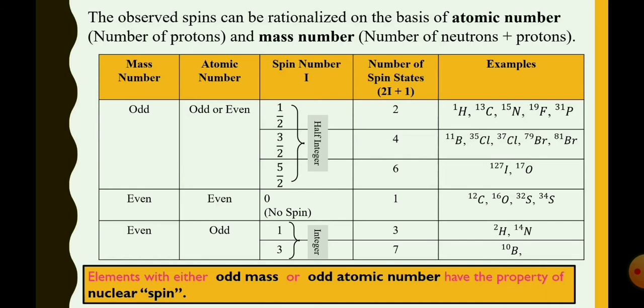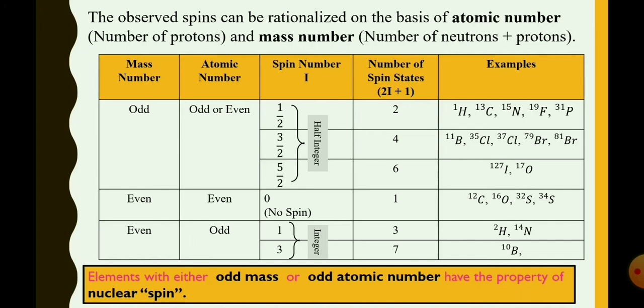Now the third case is when mass number is even and the atomic number is odd. The spin number comes out to be a complete integer, either 1 or 3, and the corresponding number of spin states calculated using the 2I plus 1 formula comes out to be 3 and 7 respectively.